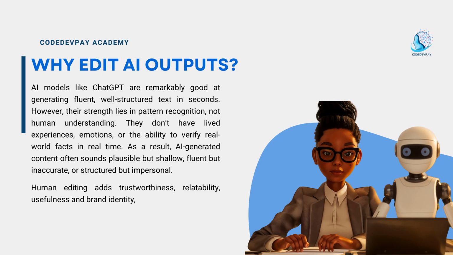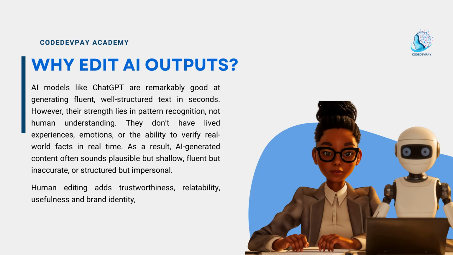So a human editor verifies facts, adds credible sources, updates outdated references, and ensures that the content aligns with current knowledge and ethical standards. An example is verifying statistics, checking brand names, and confirming recent news before publication.